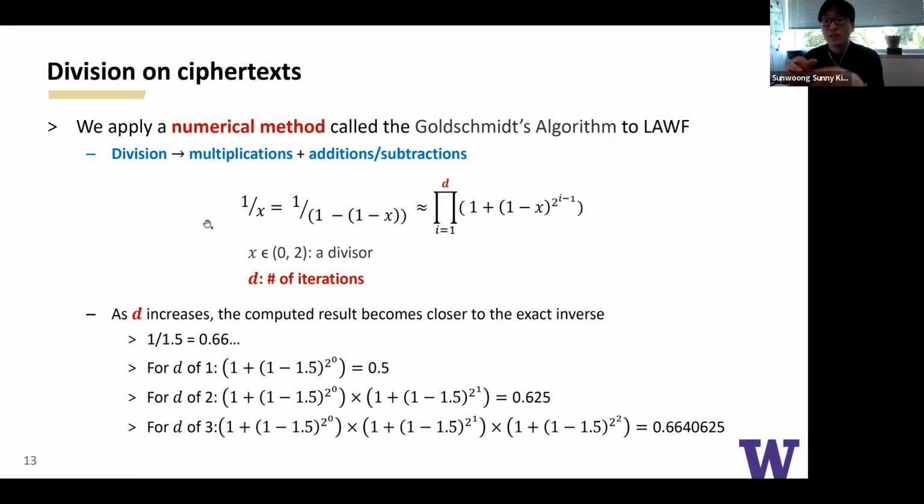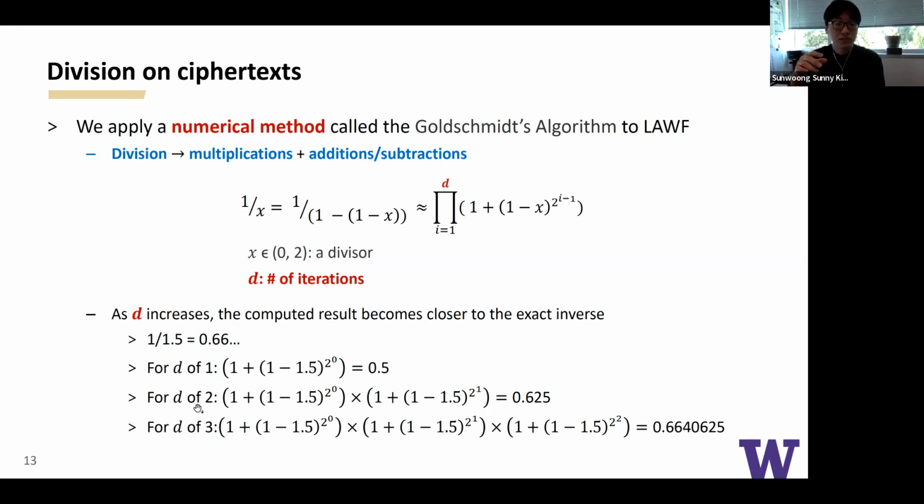And the Goldschmidt algorithm is based on iterations, and as the number of iterations, denoted as d here, increases, the approximate 1 over x becomes closer to the exact inverse value. For example, 1 over 1.5, that is actually 0.66666, is approximated to 0.5 with just 1 iteration.